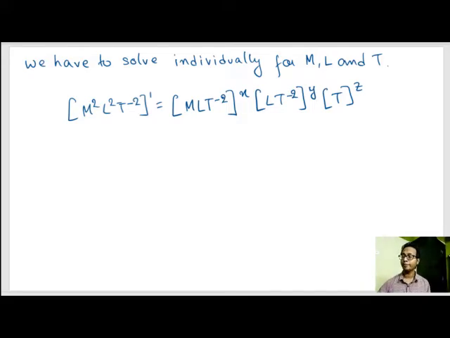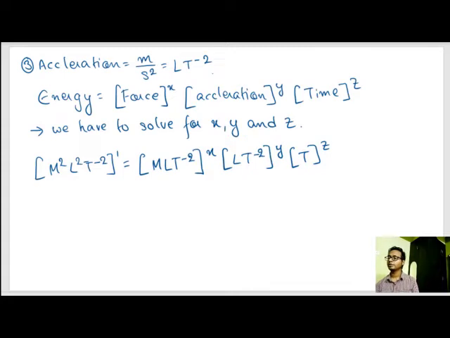So for M, how do we solve this equation for x, y and z? See this M section, M square. How is it M square? Energy is not M square. I made an error out here. Energy is equal to M L square T to the power minus 2.